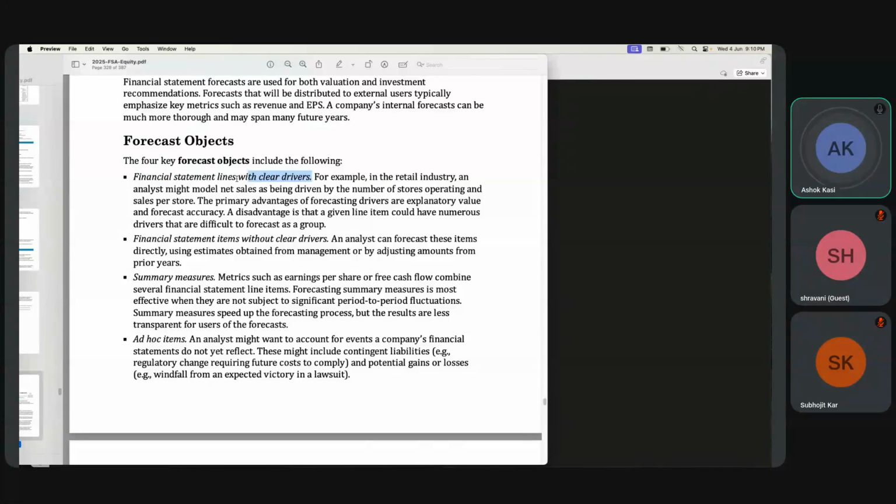That means the way the example has been given here, that the way the number of stores goes up proportionately, financial statement sales, net profit, everything goes up. So what is the driver here? You can forecast based on the number of stores that are operating or will be opened, and sales per store. This is good for FMCG companies. So it is a clear driver.